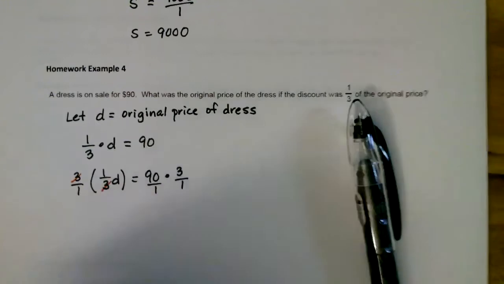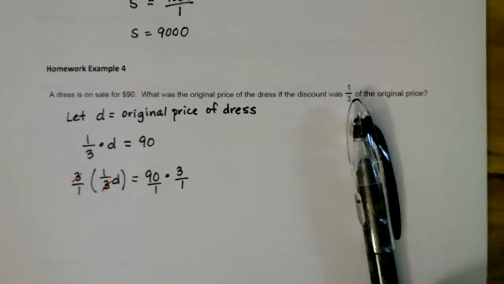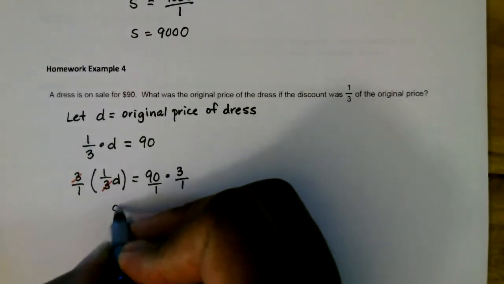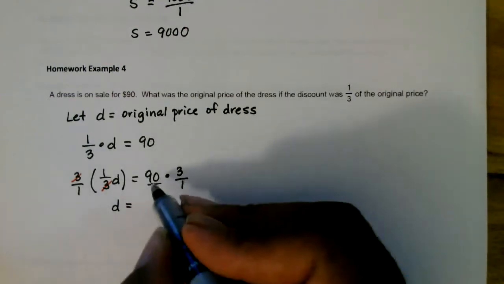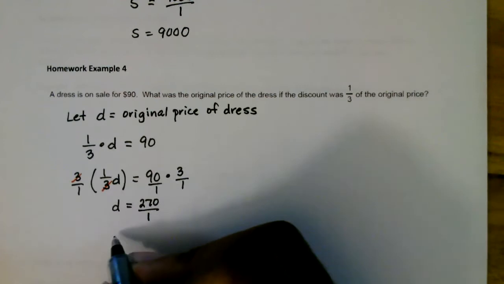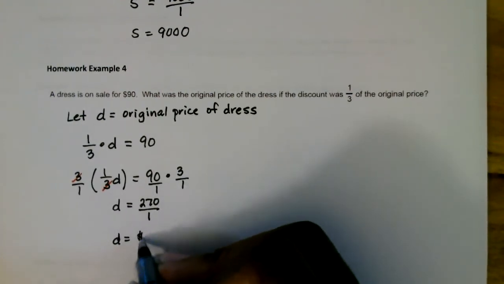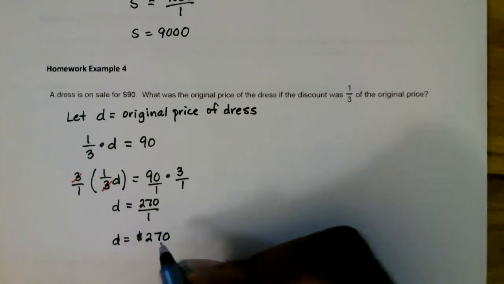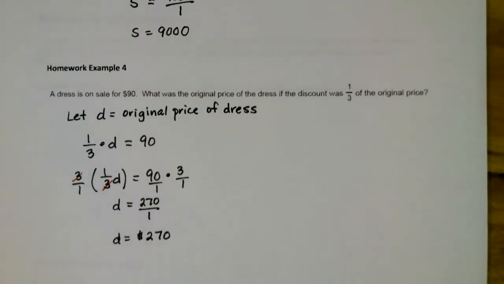Here the 3s divide out. 1/1 times D would just be D. 90 times 3 will be 270 over 1 times 1, which is 1. Well, 270 divided by 1 would be 270. So the original price of the dress was $270.